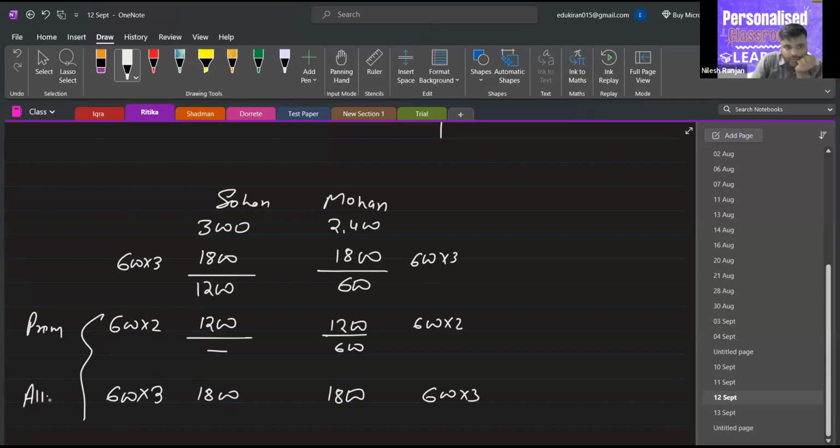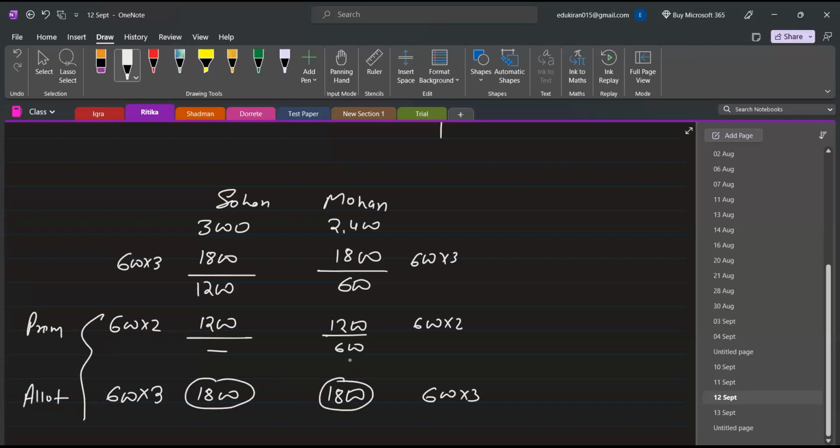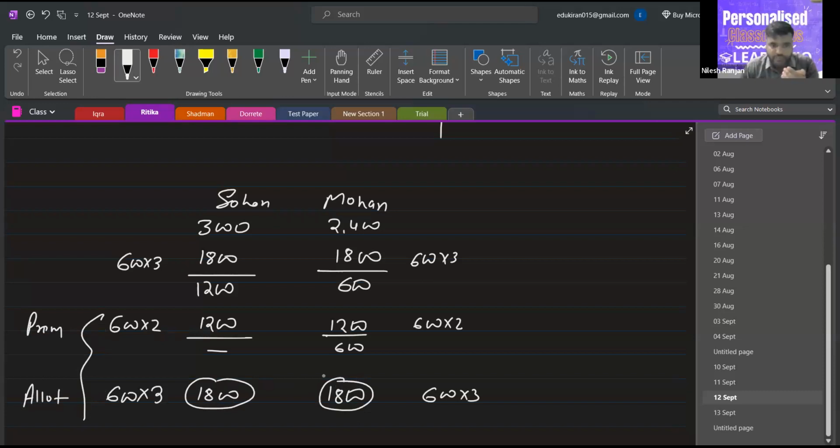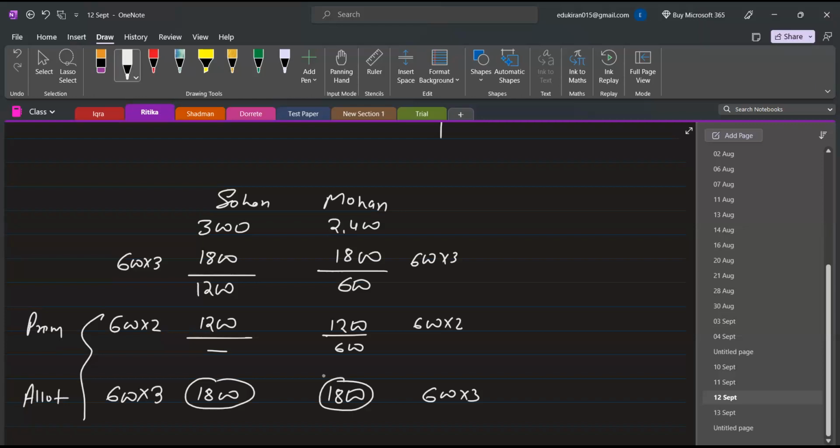Allotment money is not received in full: 1800 we have not received for Sohan and also for Mohan. In both cases, 1800 is not received, and 600 of premium is also not received. So how much amount have we not received from Mohan and Sohan combined? 3600 for allotment plus 600 for premium. So total 4200.